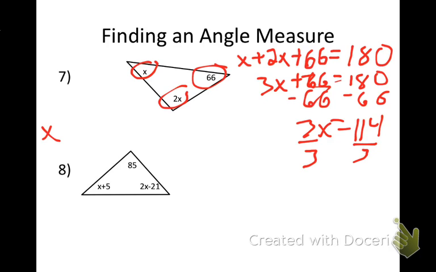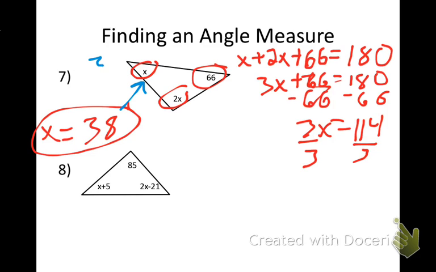And I'm going to get x to come out and be what, Austin? 38. And then what am I going to do with that 38, Austin? Plug it in. So the first angle is going to be, well, just 38 degrees. The second one, 2 times 38, is going to be then 76 degrees. And now I have my 3 angles, 38, 76, and 66.